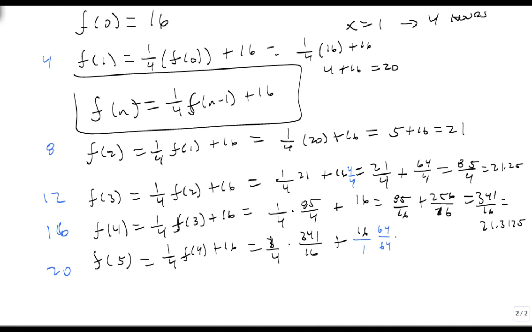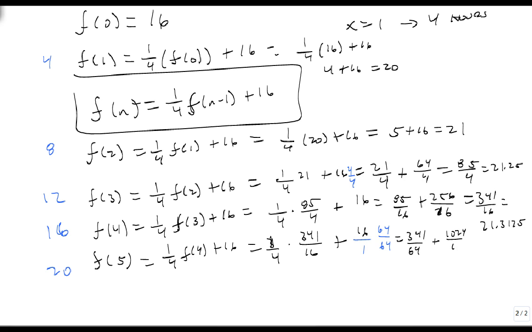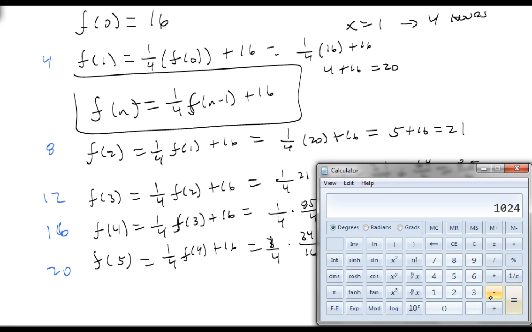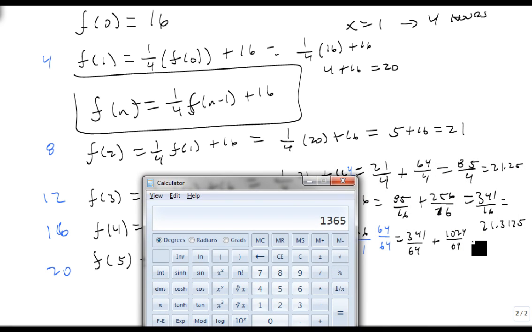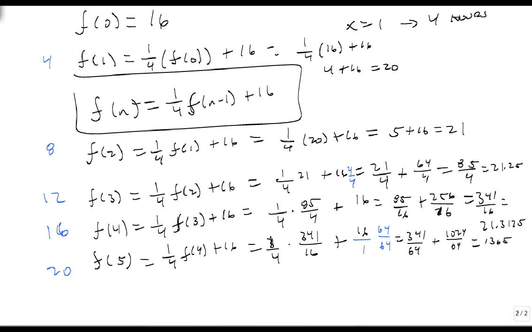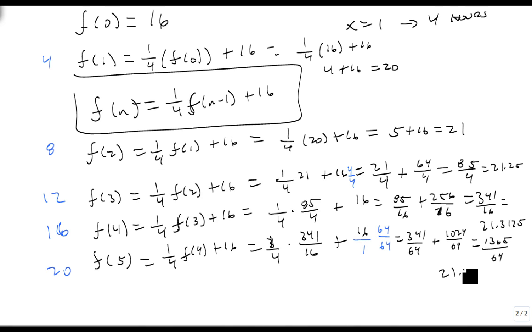That gives me 341 over 64 plus 16 times 64 is 1024 over 64. So we add to that our 341, gives us 1365 over 64, which when I divide this by 64 gives me 21.328125.